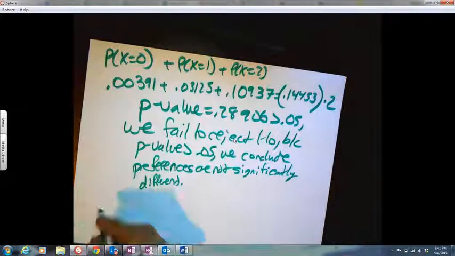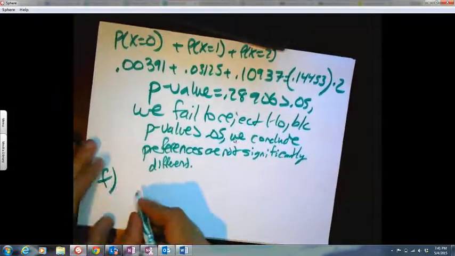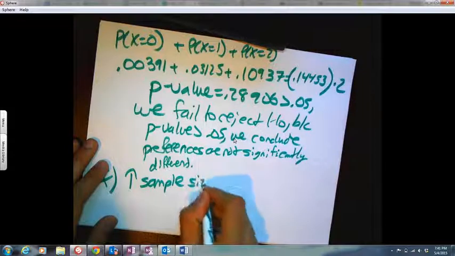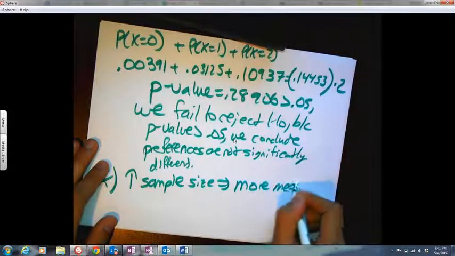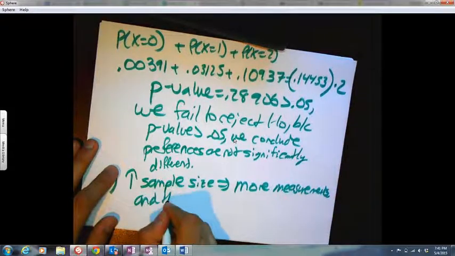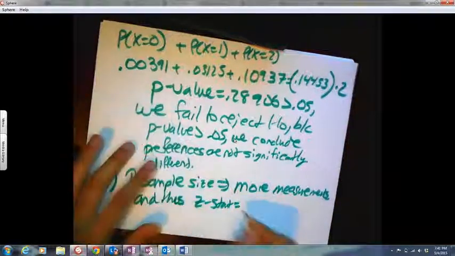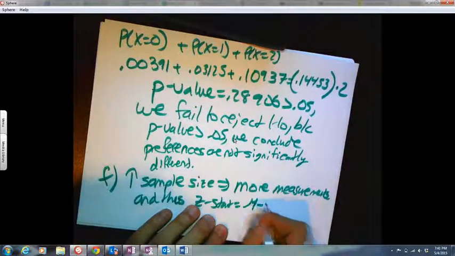Well, I would increase the sample size. So therefore you have more measurements, and thus the z-stat, which remember z-stat would be equal to p minus p hat all over square root of pq over n.